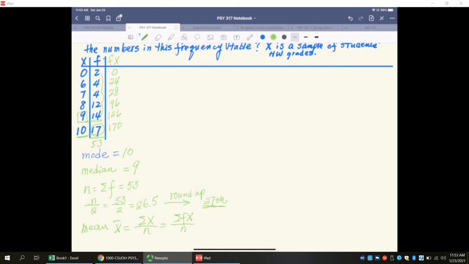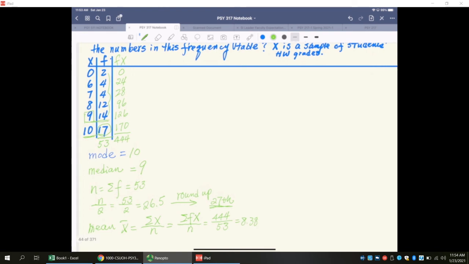And the summation of fx, you add it up at the end, is 444. So we divide 444 by 53, and the mean comes out to be 8.38. Okay, so that answers the central tendency question.